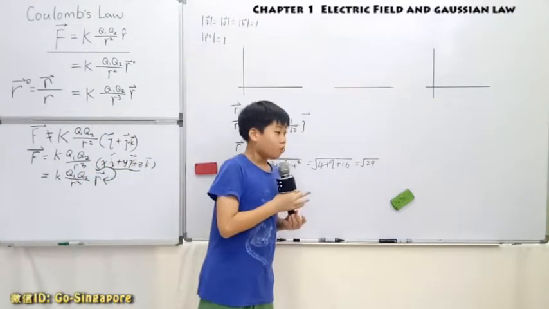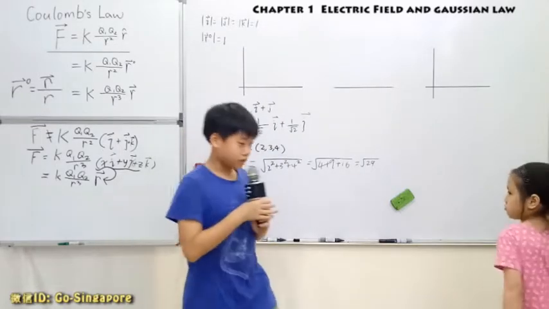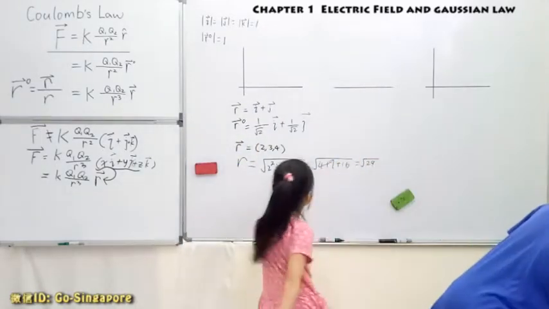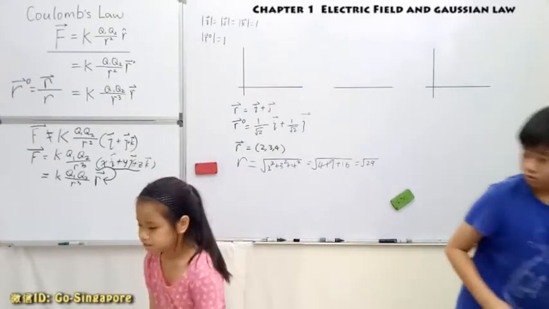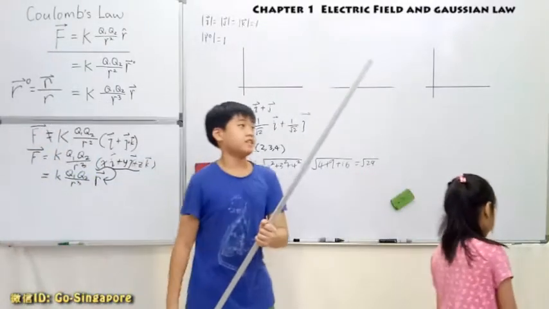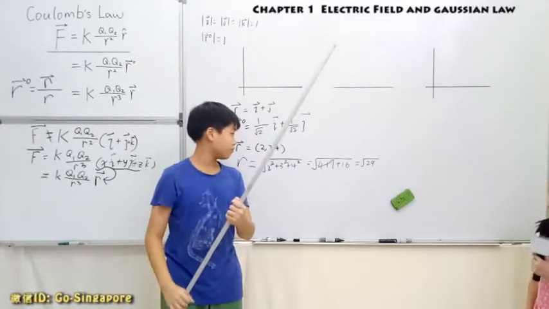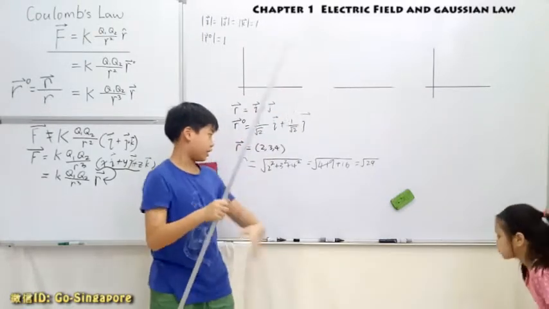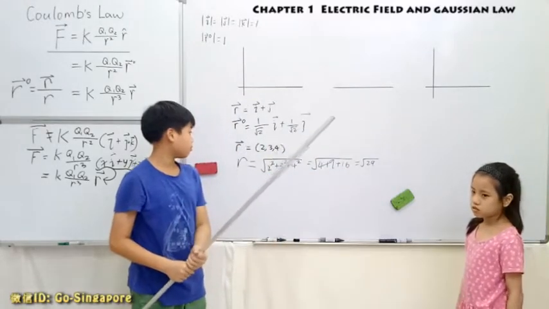What is this actually? It is actually the length of this whole thing, right? So this whole length is actually just this square root 29, right? Yes.